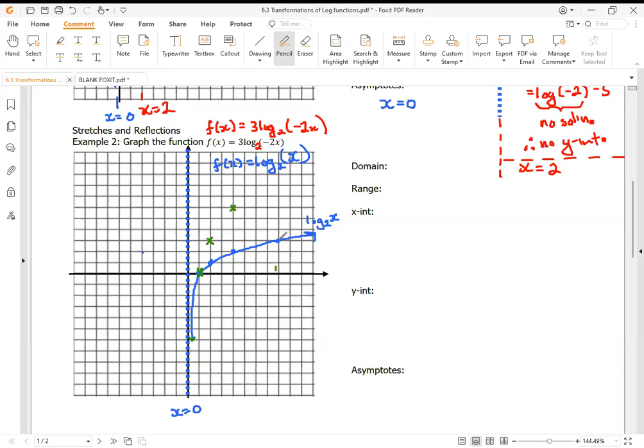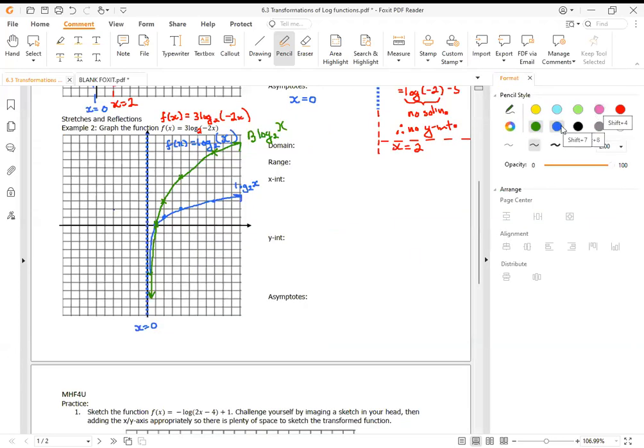A y value of 3 times 3 is 9. And if I had (16, 4), the y value of 4 times 3 would be 12. So this is my 3 log base 2. Everything has been multiplied by 3.